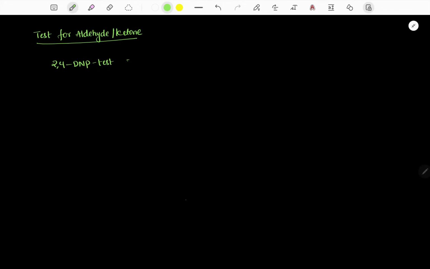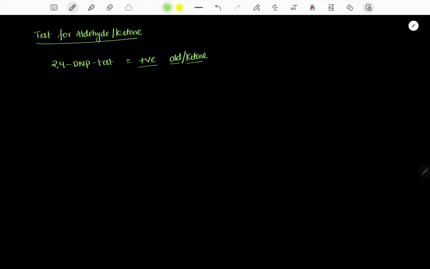If the 2,4-DNP test is positive, that means the reactant is either an aldehyde or a ketone, because both aldehyde and ketone react with 2,4-DNP.